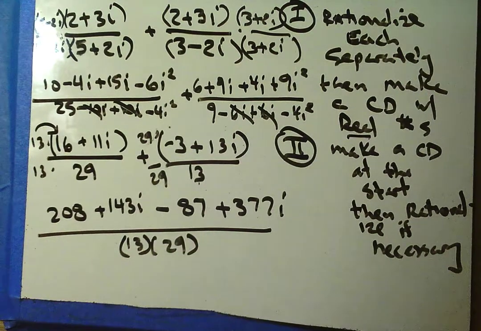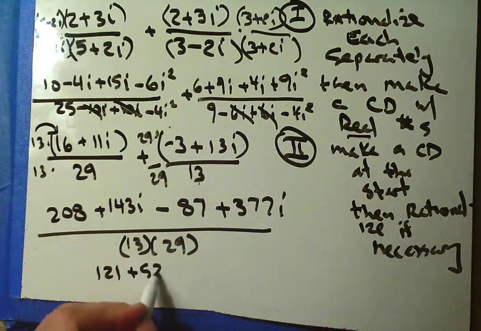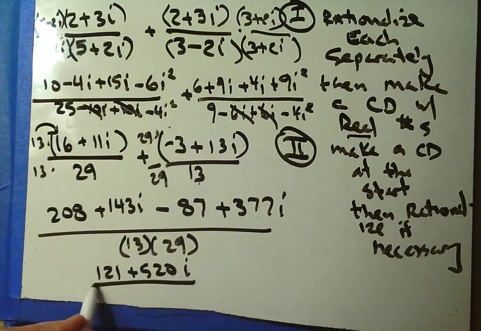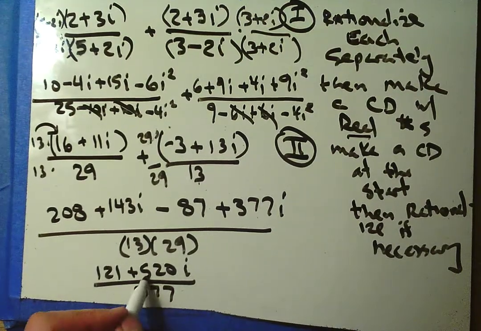So let's tidy this up. 208 minus 87 gives me 121. And then 143 plus 377 gives me 520. Don't lose the i. And 13 times 29 is 377.